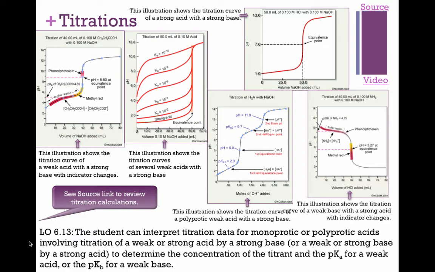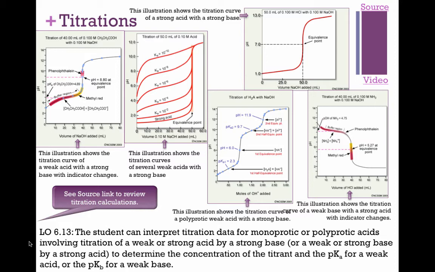Then titrations. Lots of titration curves. This says, see the source link to review calculations. I will tell you, I was writing some stuff down. Remember, strong acid, strong base titrations is all stoich. There's no equilibrium involved with strong, because it goes to completion. All strong acid and strong base calculations go to completion.